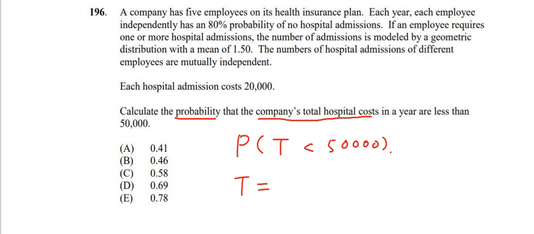The company has 5 employees. Each employee has 0.8 probability of no hospital admission. So 80% no cost, and 20% have cost, right?